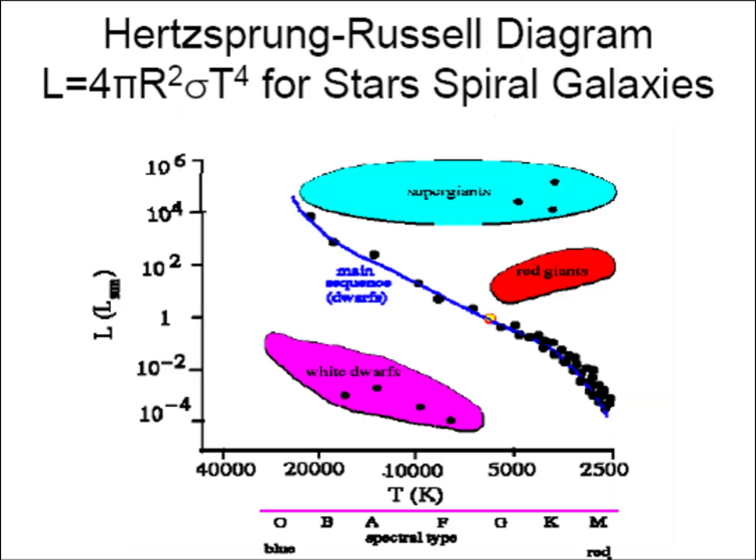If you go to the next slide, this shows the Hertzsprung-Russell diagram, which shows the sequence that is assumed that stars go through. When you plot stars by luminosity versus temperature, you see that they're not evenly distributed everywhere. They're in 4 groups, and then most of them follow what's called a main sequence of stars.